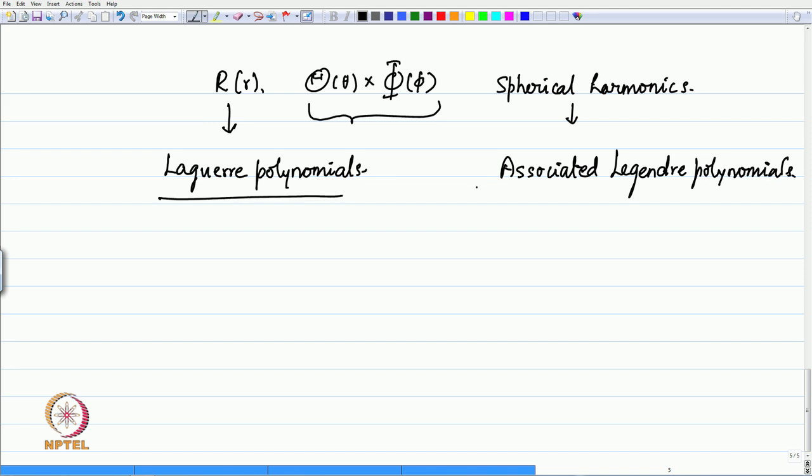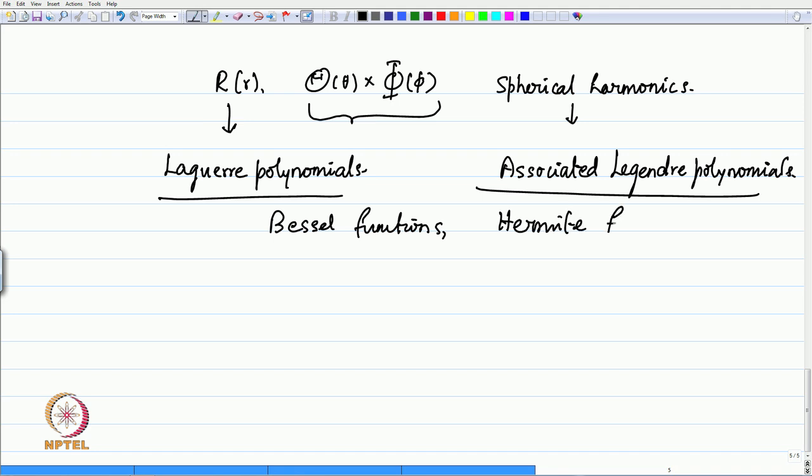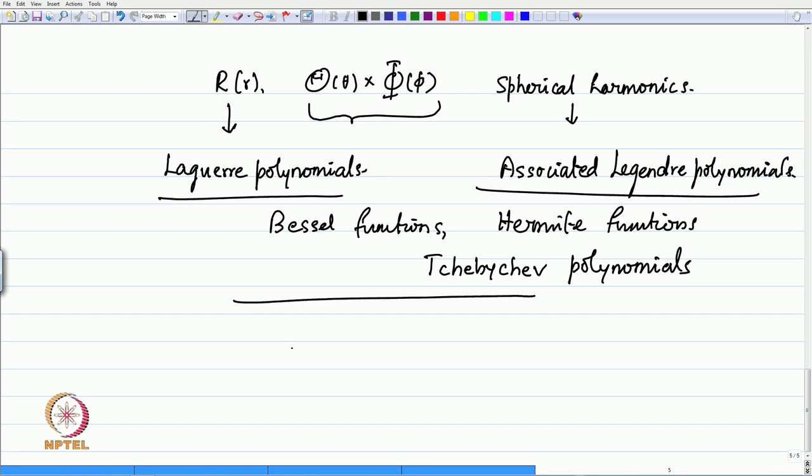All these things, Laguerre, associated Legendre polynomial, Bessel functions, Hermite functions, which we will see in the solution of the harmonic oscillator, Hermite polynomials, then Chebyshev polynomials, and so on, they all form a group of polynomials well known in mathematics as orthogonal polynomials.